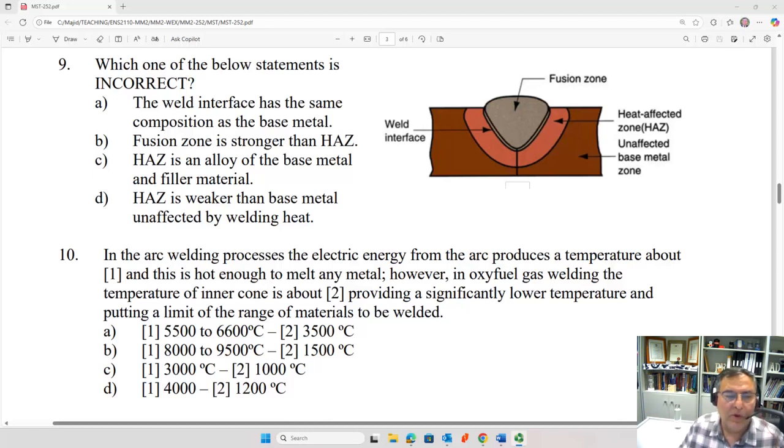What sits in place of 1 and 2? A is giving us the right answer. The temperature of arc welding is 5500 to 6600 degrees C, and the maximum temperature of the inner cone is about 3500 degrees C on the basis of teaching materials. So A is the right answer.